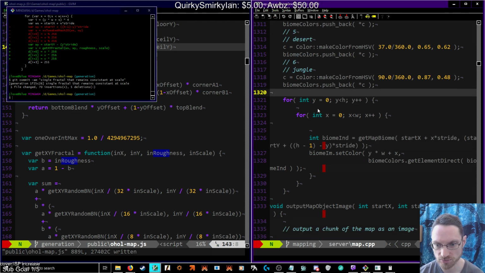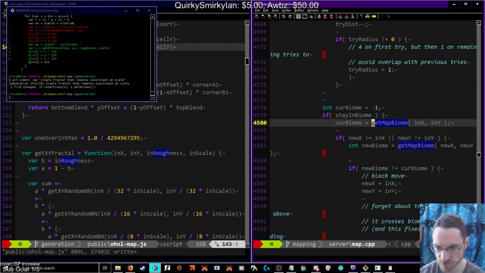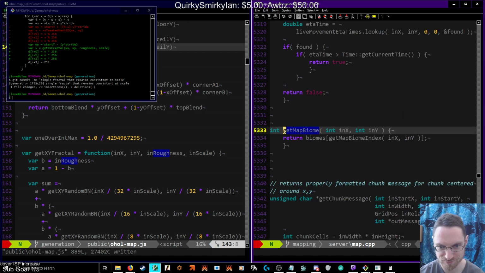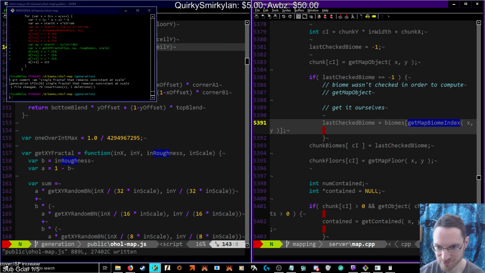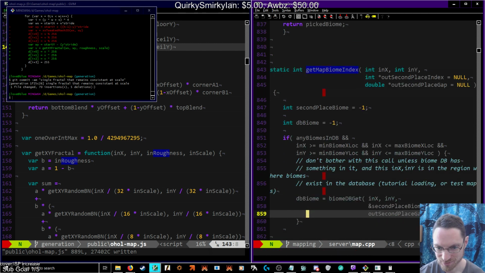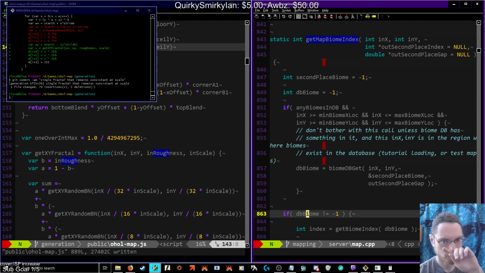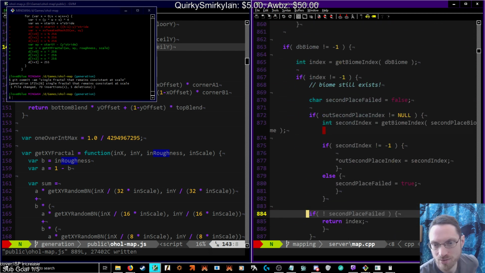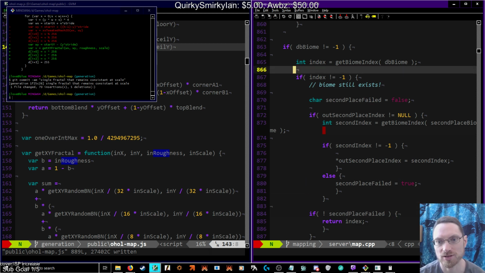Now, to actually do this, the rest of this is going to be complicated game logic. So we've got a biome DB there. So we have get biome index.